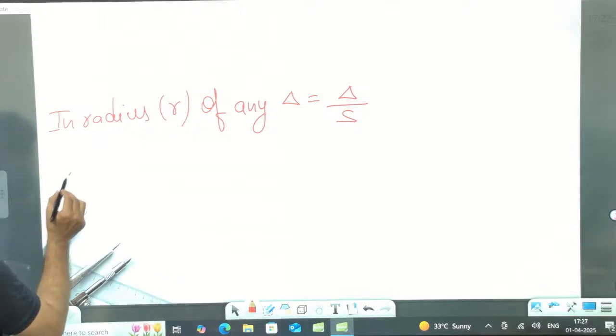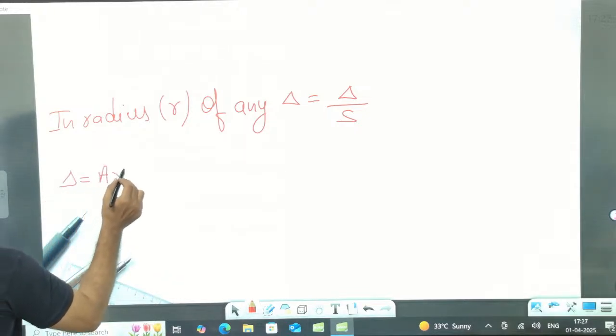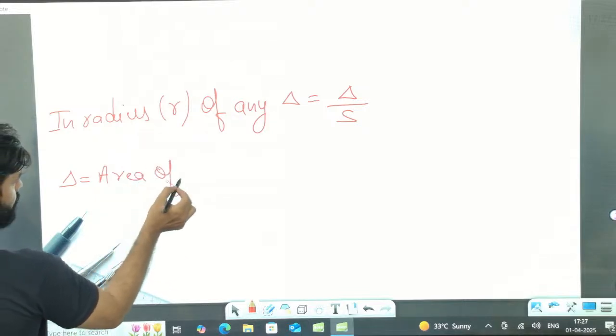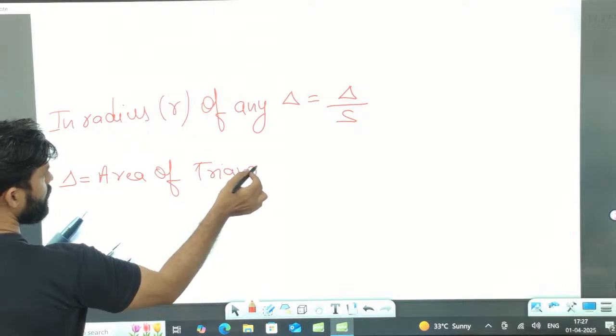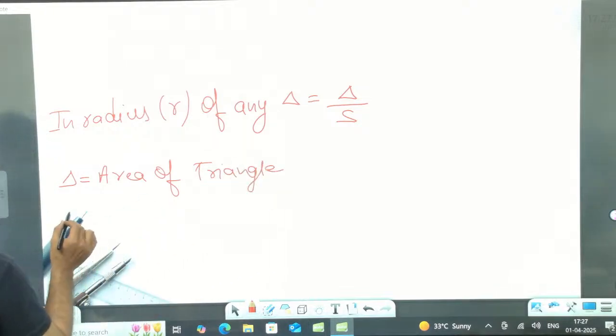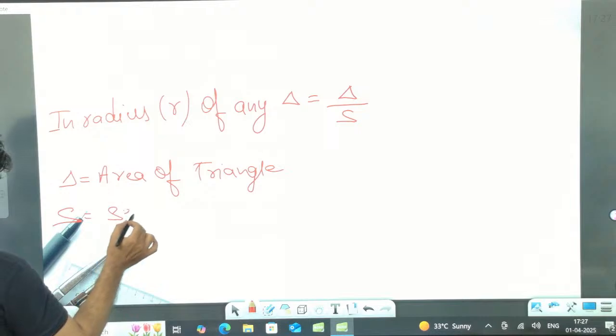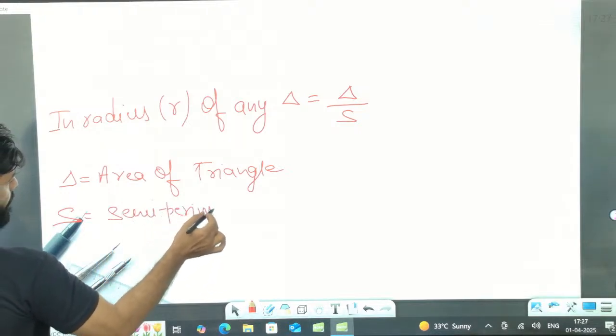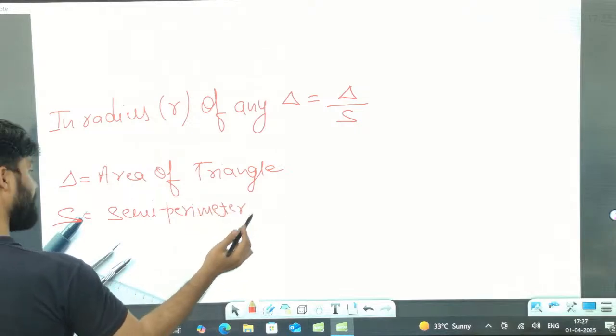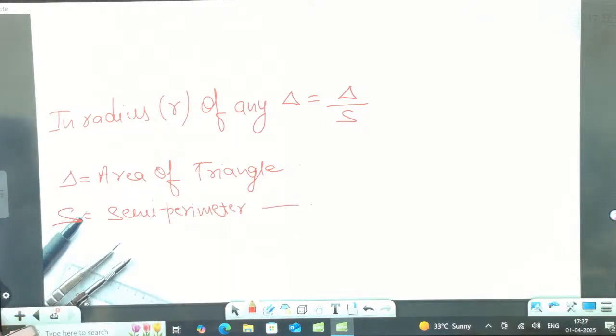Write it, delta is area of triangle, and s is semi perimeter. Semi perimeter of triangle.